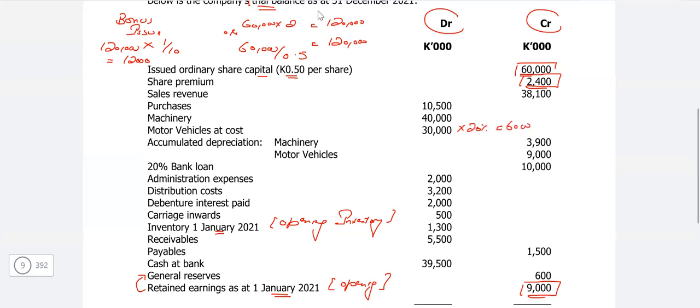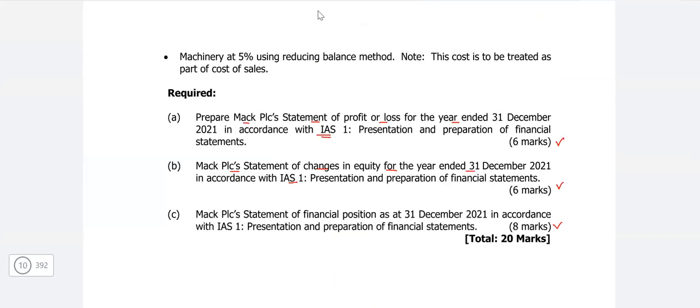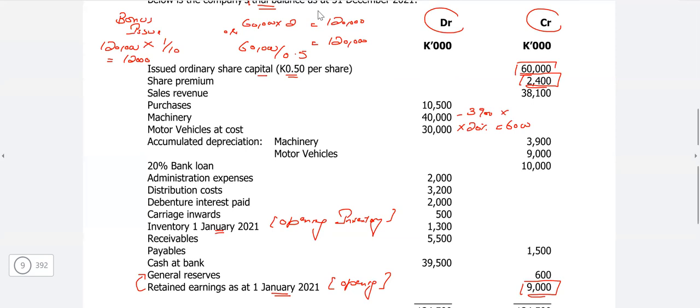Then machinery is on the reducing balance method. Machinery's cost is 40,000 minus accumulated depreciation of 3,900, and then we multiply it by 5%.